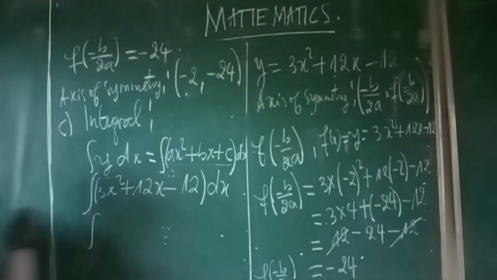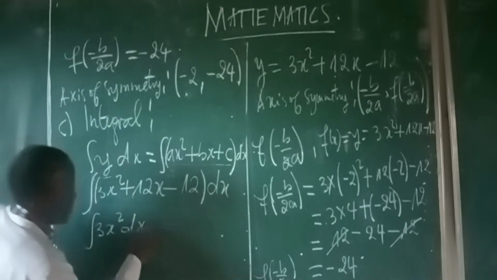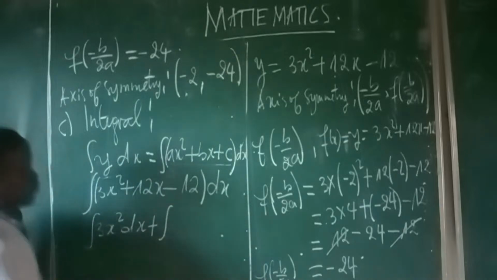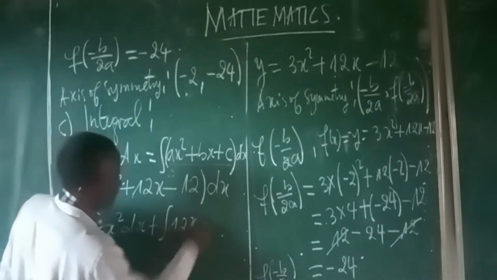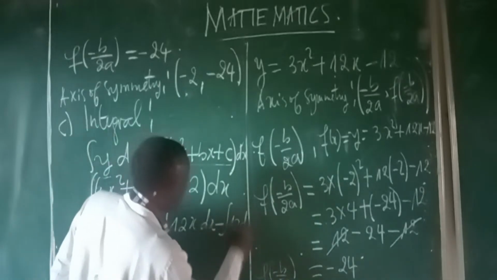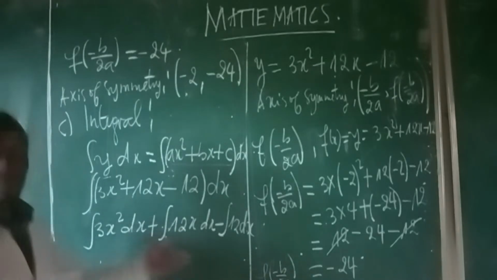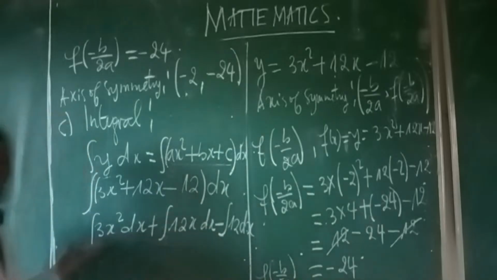It is integral of 3x squared dx plus integral of 12x dx minus integral of 12 dx. Are we together? So now let's integrate each term here among these 3 terms.